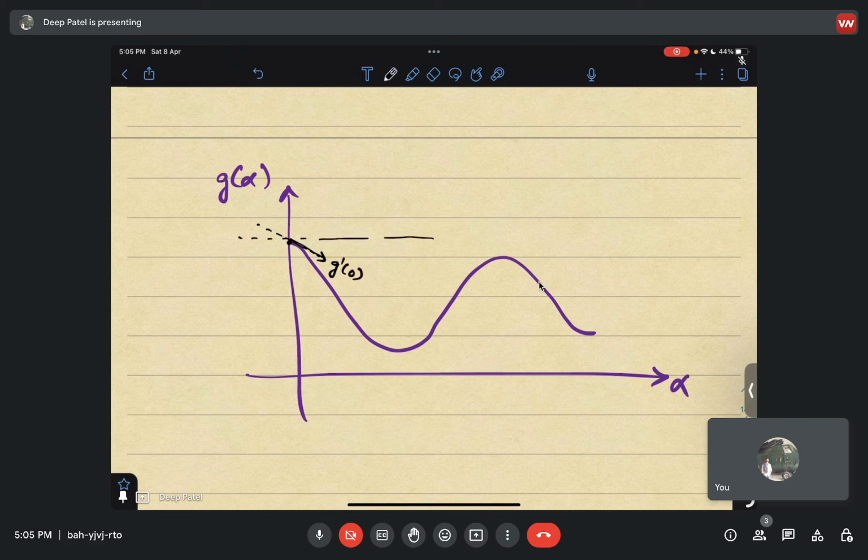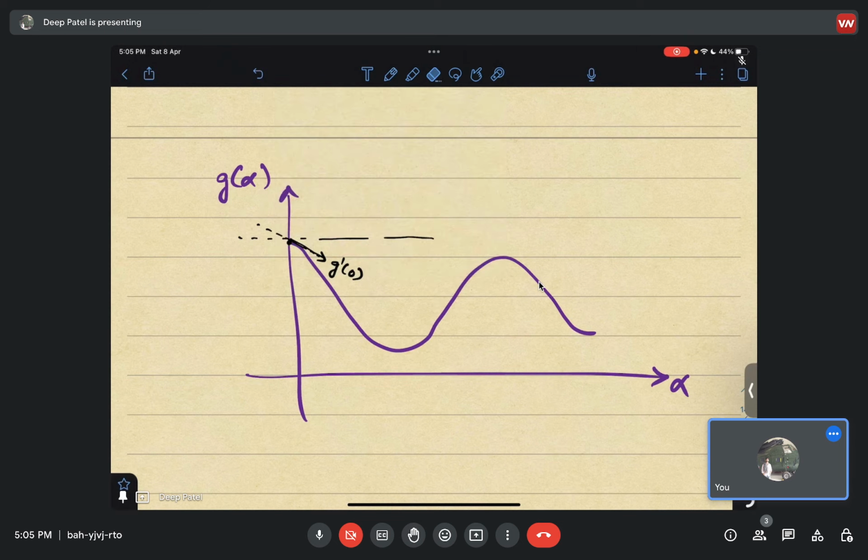It relates to sufficient decrease, right? So you want to do two things. You don't want to take too big a step size, because that will not perhaps yield a sufficient decrease in the function value. At the same time, you also don't want to take too small. Let me just finish this drawing.